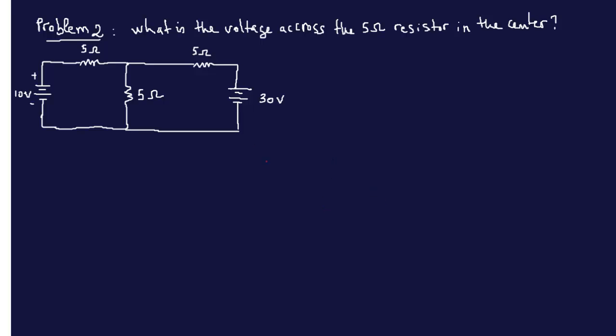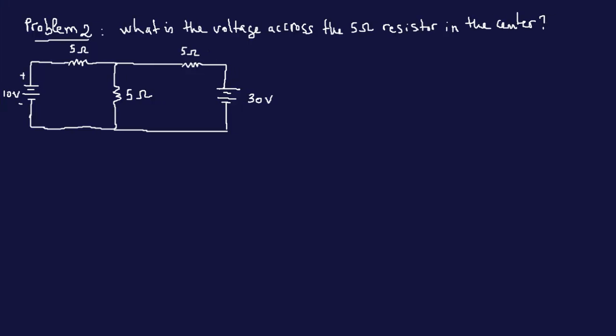Okay, so what do we have here? What is the voltage across the 5 ohm resistor in the center? So they're asking us to find the voltage across this particular resistor right here.